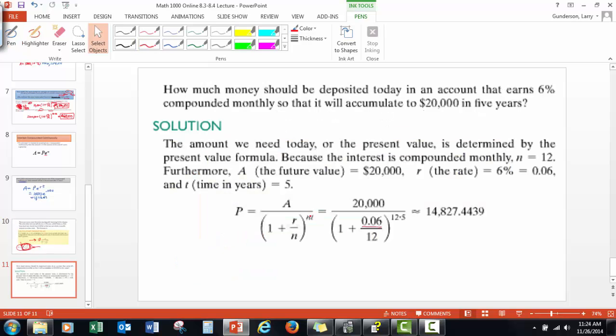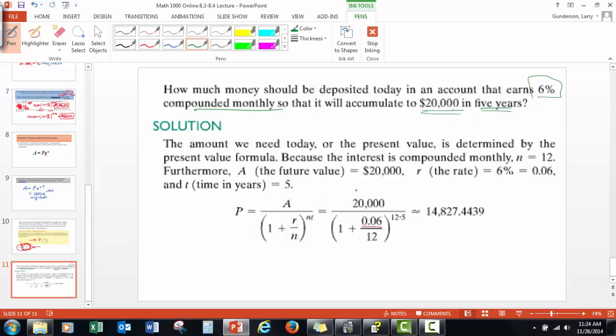And I need to stay under 15 minutes for the YouTube video, so I'll go over this real quick. You can see that this person wants to know how much he should deposit today in an account that earns 6% interest, compounded monthly, so that it'll accumulate to $20,000 in 5 years.